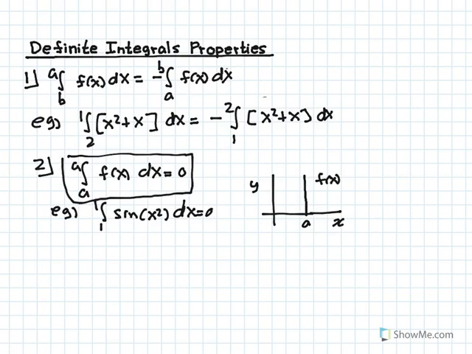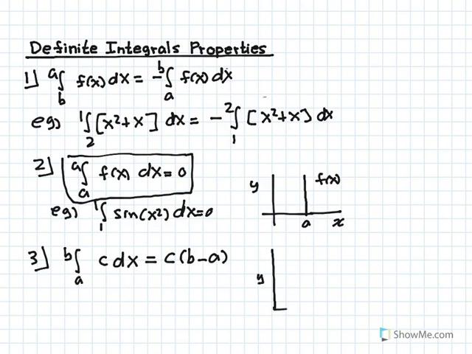Alright, let's look at property number 3. Here we have the integral from a to b of c dx is equal to c times b minus a. Let's illustrate with a diagram. Here's the y-axis, here's the x-axis, and we're integrating from a to b.